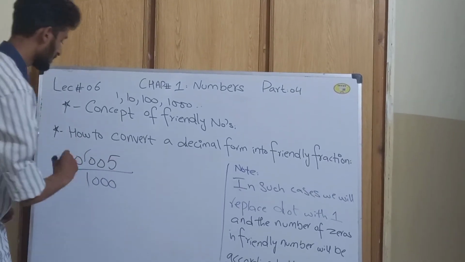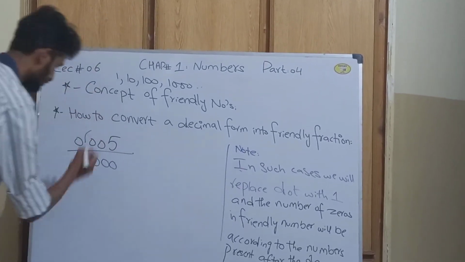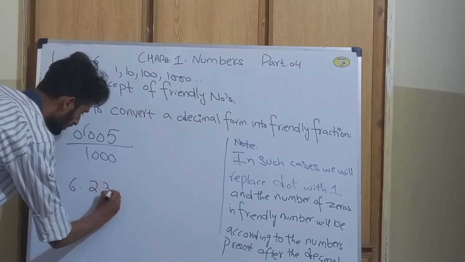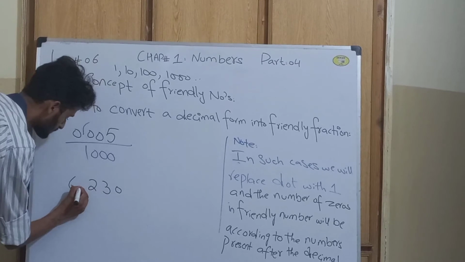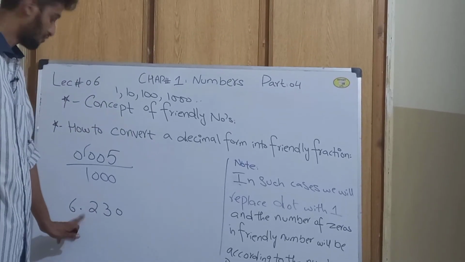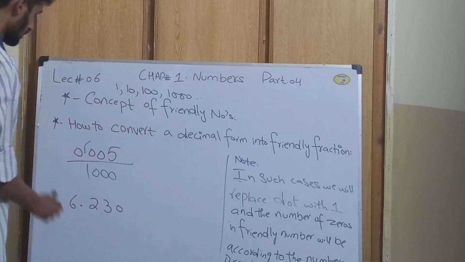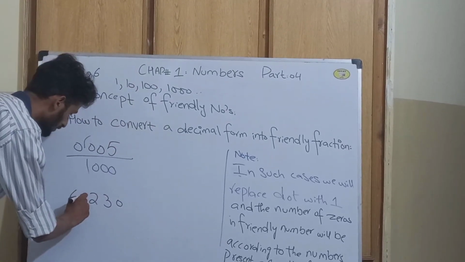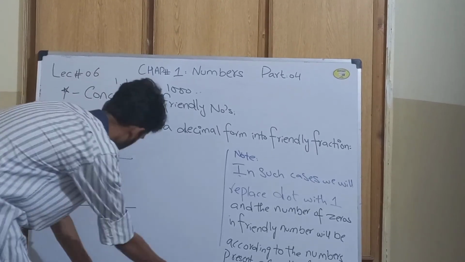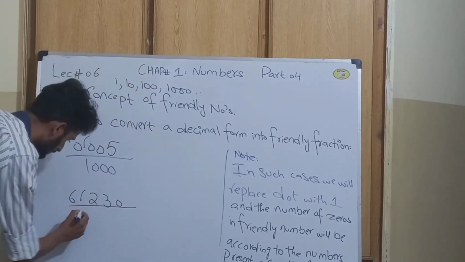Let's consider another example. We have a number like 6.230. We have to convert this decimal form into friendly fraction. First of all, we will replace this dot by 1.